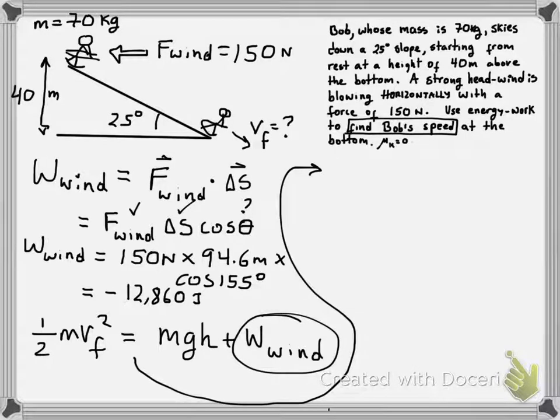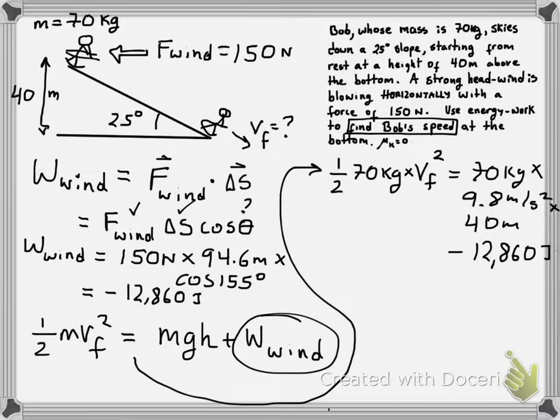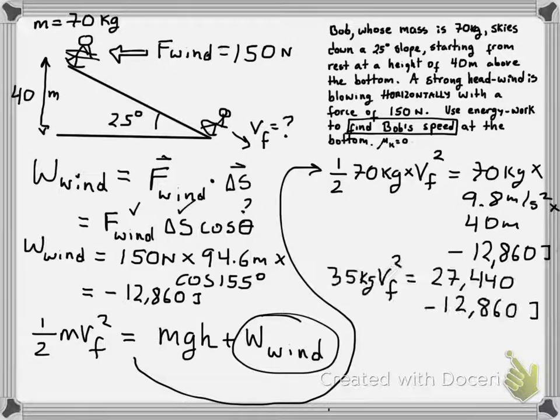So if we rewrite this equation, plugging in all the things that we already know. The mass is 70 kilograms, so 1/2 of 70 times the final velocity squared is going to be equal to mgh. So m is 70, g is 9.8, the height was, we said, 40, and the work done by the wind is a negative work of 12,860 joules. So we put that in our equation.